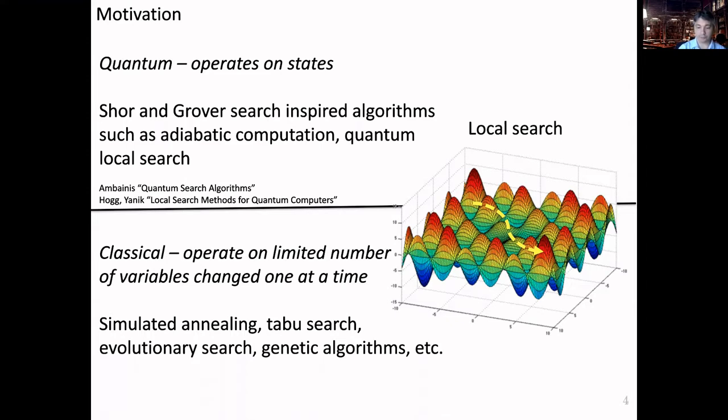So the classical version of local search, of this repair style search, consists of selecting a solution as the initial state and then repeatedly moving to another state, which is a neighboring state to the current one. And this is repeated until a solution is found or the number of search steps reaches a certain bound.